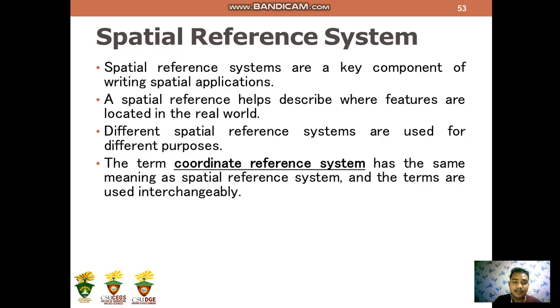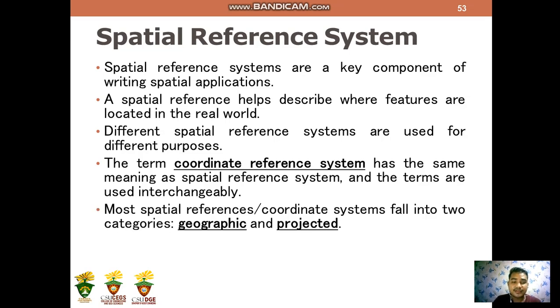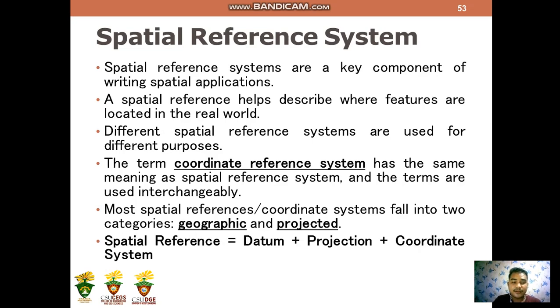Most reference or coordinate systems fall into two categories: geographic or projected. A spatial reference should have a datum, which is the origin point at a specific place, and a projection, which is what you use to go from three-dimensional to two-dimensional.